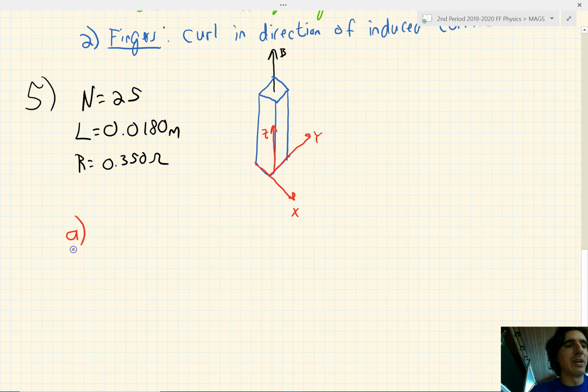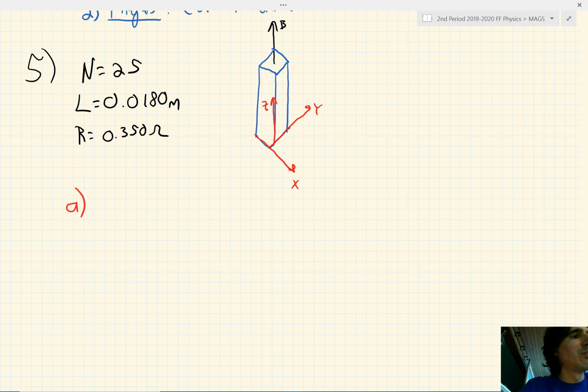Okay, part A. If the field changes uniformly from 0.00 teslas to 0.50 teslas in 0.8 seconds, what is the induced EMF in the coil while the field is changing? So the change in the magnetic field, it goes from 0 to 0.5, so it's increasing.